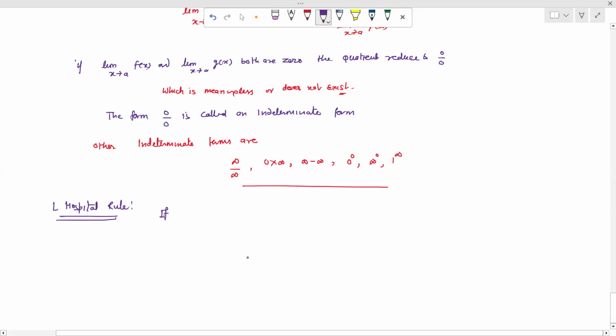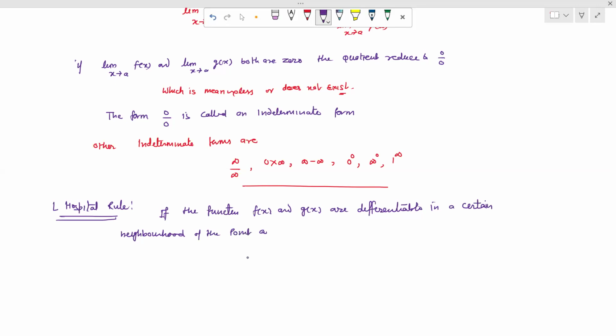We define it as: if functions f(x) and g(x) are differentiable in a certain neighborhood of the point a, except possibly x equal to a.